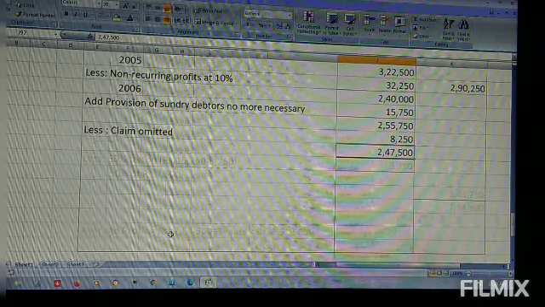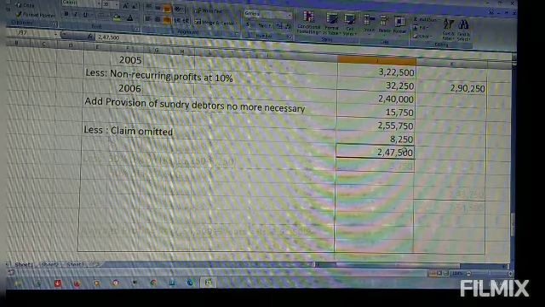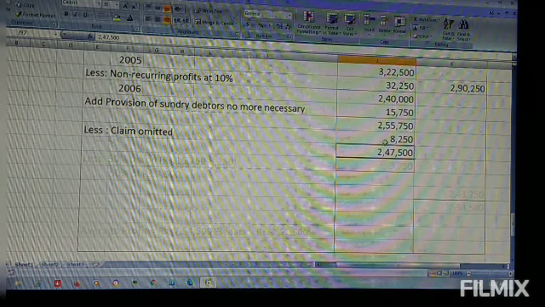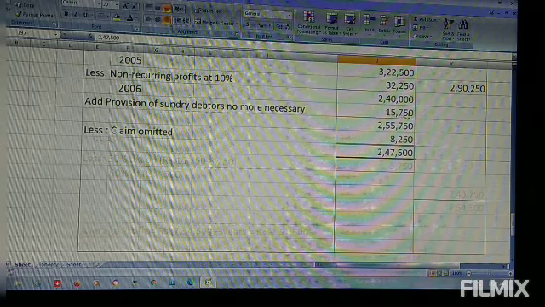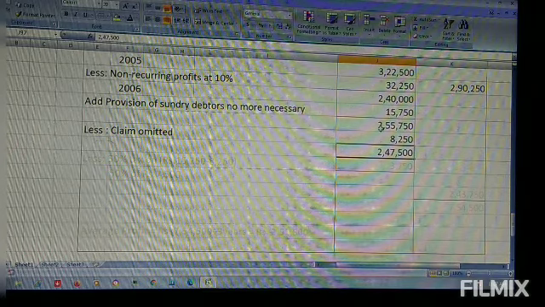Then on this amount and this amount, tax is not taken into account. On the 15,750, which was considered as an expenditure, the profit is to be taxed, as it was not deducted.